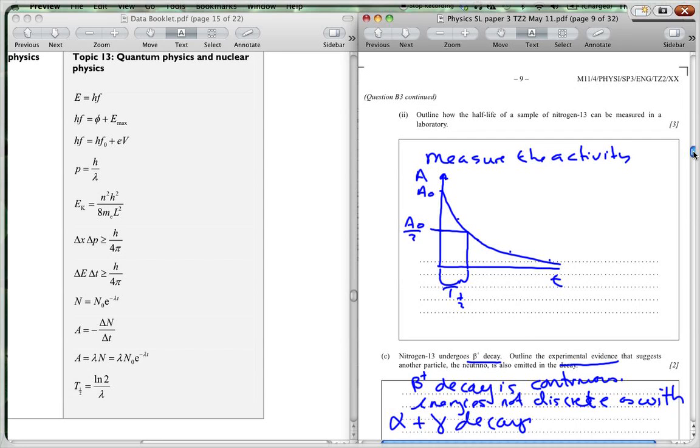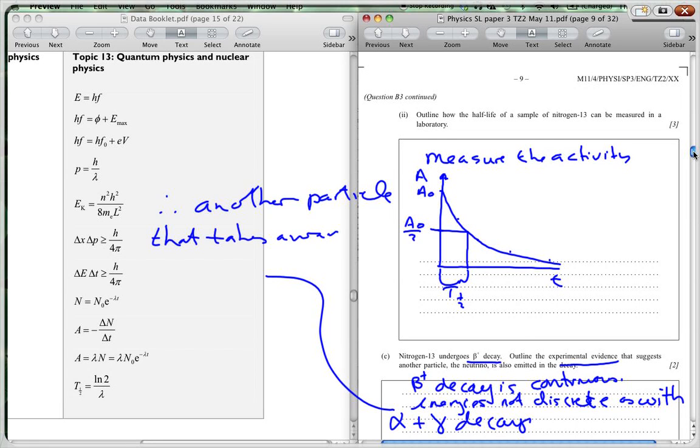And so therefore there must be another particle that takes away the balance of the energy.